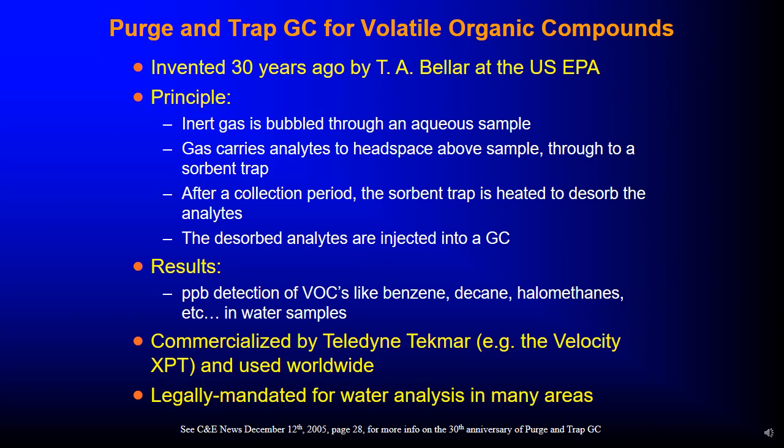Then we have purge and trap gas chromatography for volatile organic compounds. It was invented 30 years ago at the US EPA. Principle: inert gas is bubbled through an aqueous sample. The gas carries analyte to the headspace above the sample and through to a sorbent trap. After the collection period, the sorbent trap is heated to release the analytes.